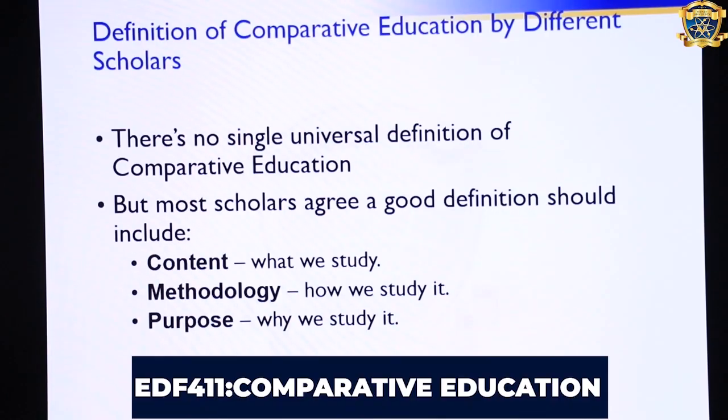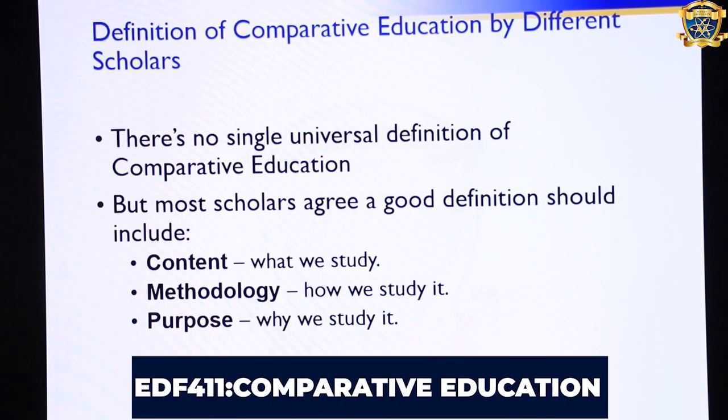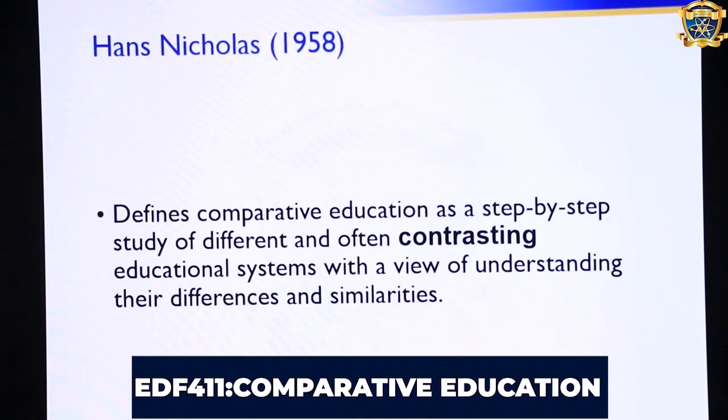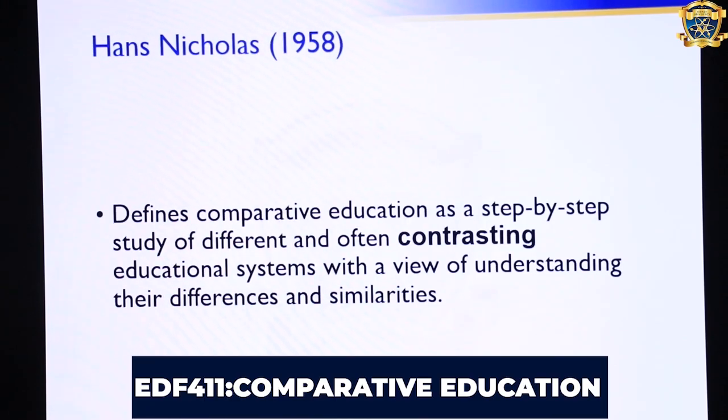So how have different scholars defined comparative education? Let's dive in. We begin with Hans Nicholas in 1958. Nicholas basically said that comparative education is a step-by-step study of different and often contrasting educational systems with a view of understanding their differences and similarities.